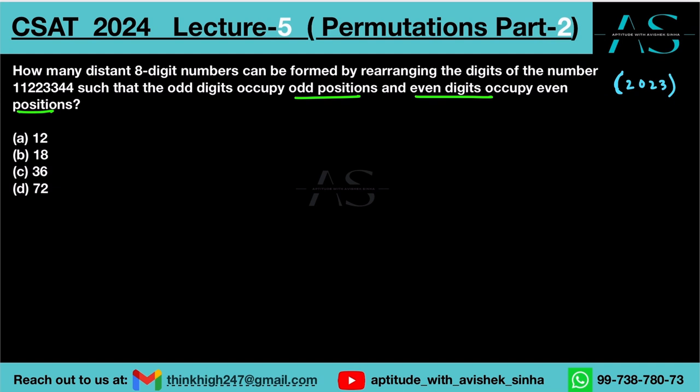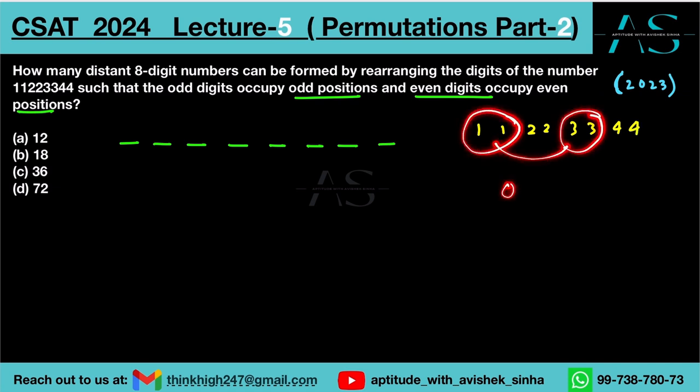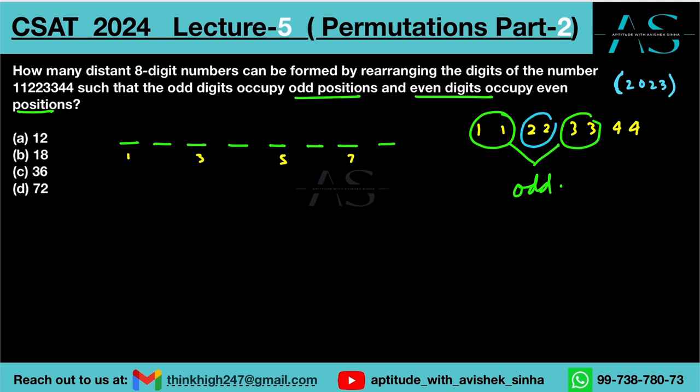Okay. 8-digit numbers. So 1, 2, 3, 4, 5, 6, 7, 8. Out of the digit set 1, 1, 2, 2, 3, 3, 4, 4, how many are odd? These 4 are odd. So odd places are 1, 3, 5, 7. So we have got 4 odd values, and we have got 4 even values.